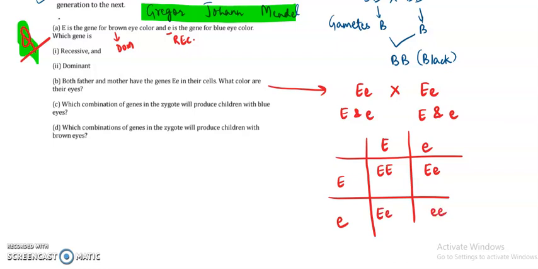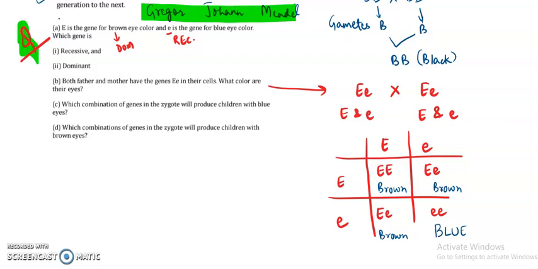Now, the genotypes we have done, we will be writing phenotype. Remember, if both capital E's are present or single capital E is present, the color of the eye is going to be brown, because that's what given in the question to us. So this will be brown and this will be blue. So both father and mother have the genes capital E small e.